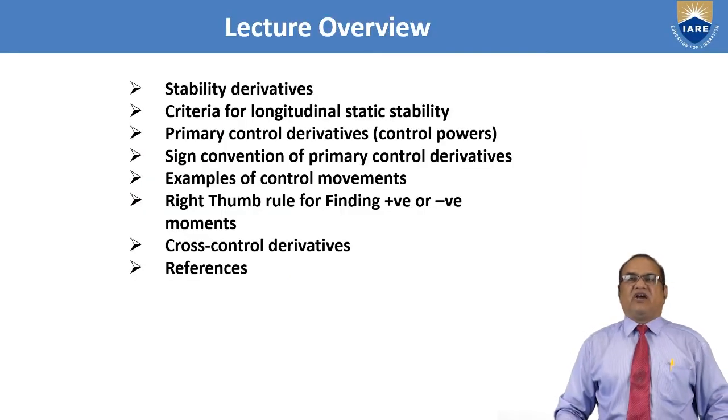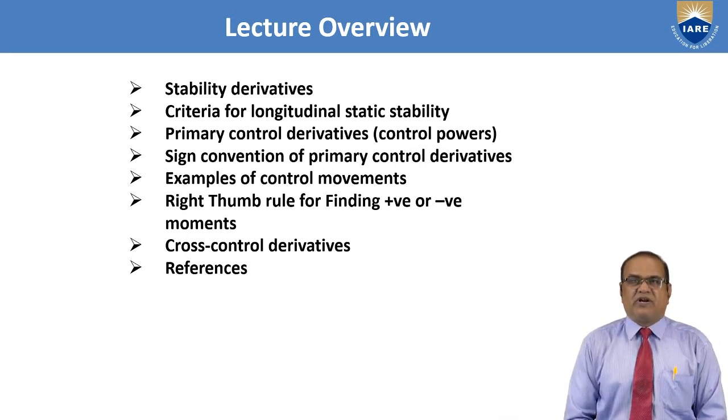So here are the topics I am going to cover today: stability derivatives, criteria for longitudinal static stability, primary control derivatives, that is called the control power, sign convention of primary control derivatives, example of control moment.